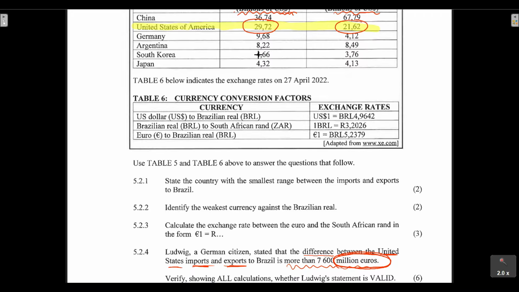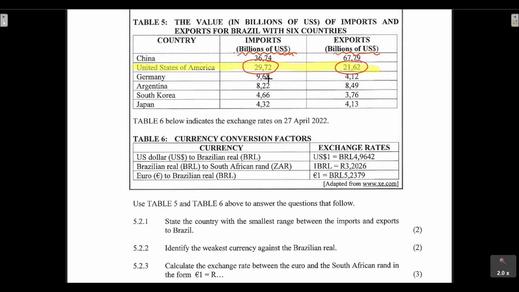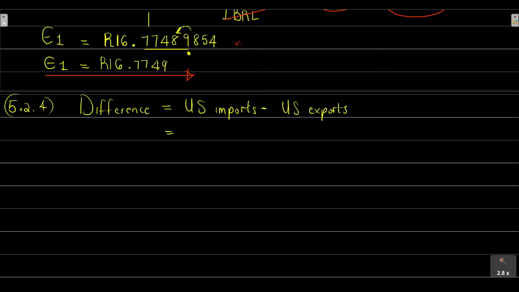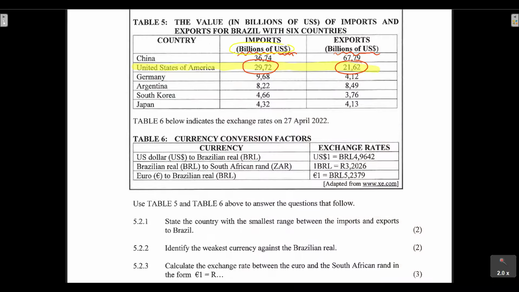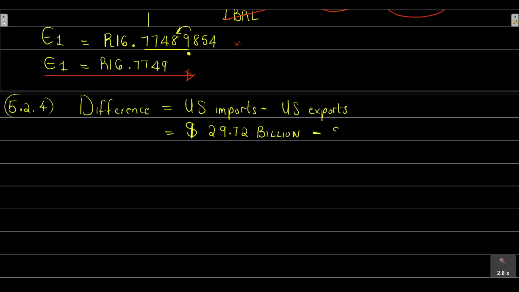The imports are equal to 29.72 what? Billions of US dollars. So it's going to be 29.72 billion US dollars, minus what is the exports? 21.62 billion US dollars.